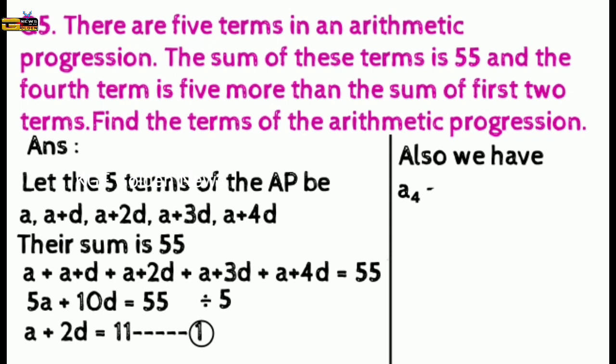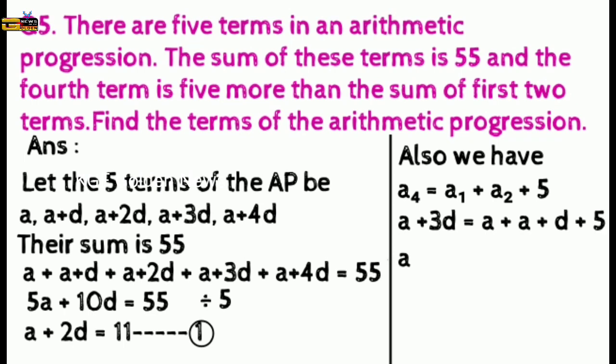Also, we have A4 equals A1 plus A2 plus 5. A4 is written as A plus 3D, which equals the first term A plus the second term A plus D, plus 5.